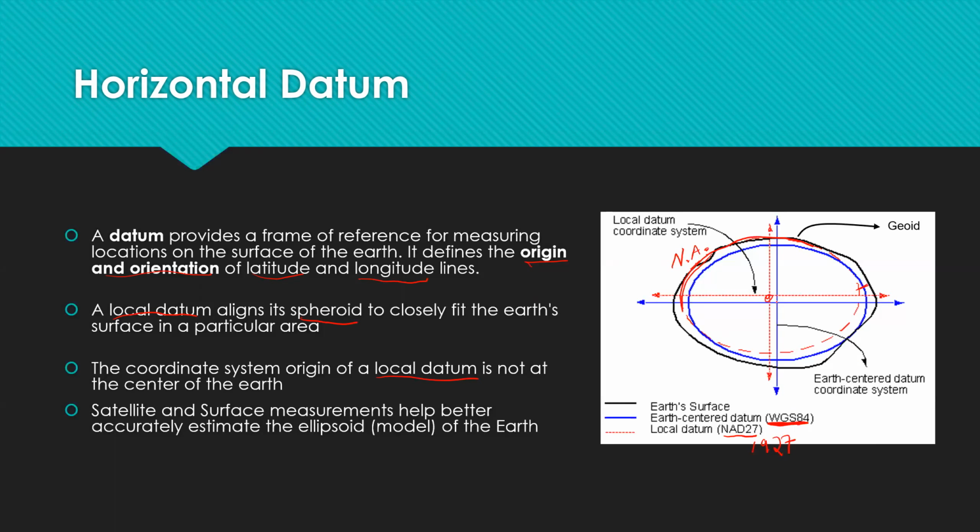It's within 2 centimeters of the actual center of the Earth. So that's a global datum, or Earth-centered datum, also called global. It's relatively accurate everywhere on the planet, so it's not just fit for North America, for example.